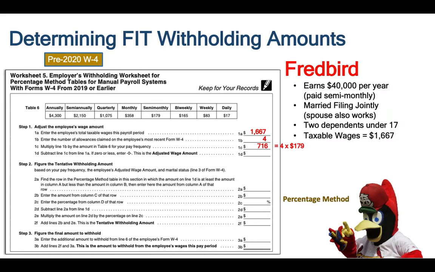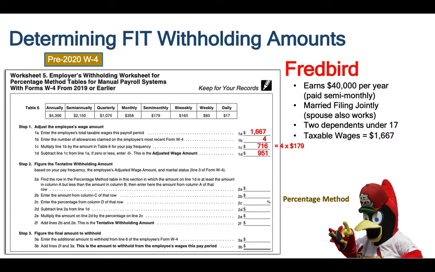So we divide the 4,300 by 24, we get 179. So then we see here under step 1, line 1D, subtract line 1C, the 716, from line 1A, the 1667. If it's 0 or less, enter 0. But we don't have 0, right? We have 951.